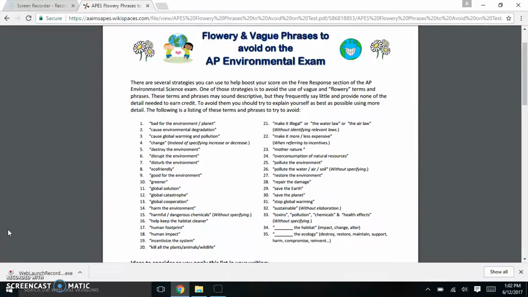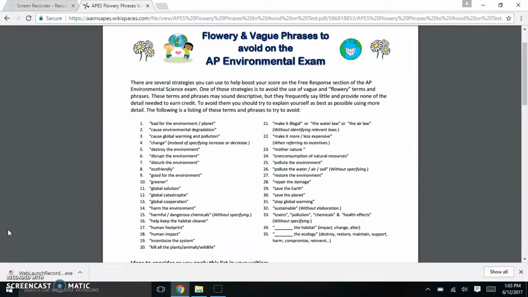Also, we can look over numbers 25 and 26. Pollute the environment, pollute the water. What's polluting? There are a lot of things that pollute the water. Trash pollutes the water. But what specifically is polluting the water? Is it acid? Is it some other type of chemical from our fertilization?